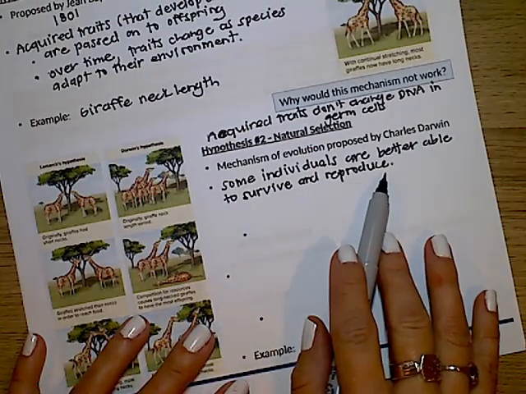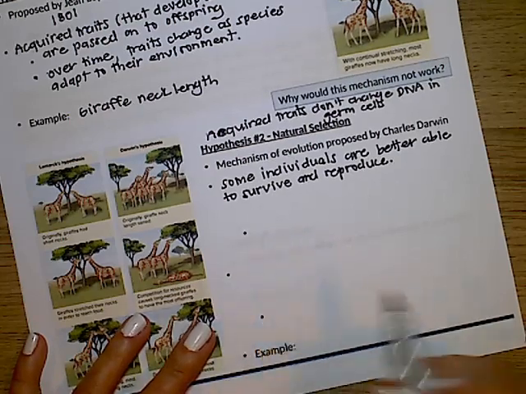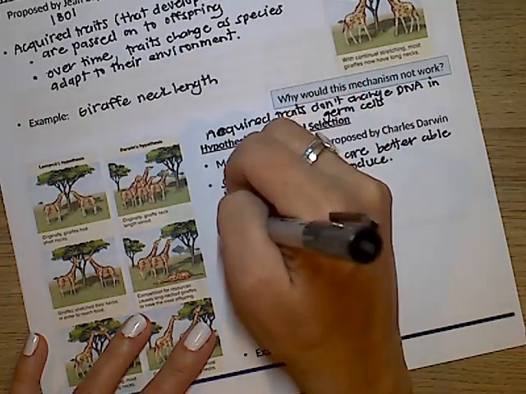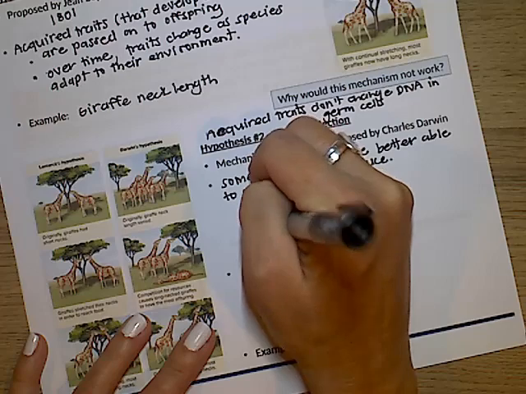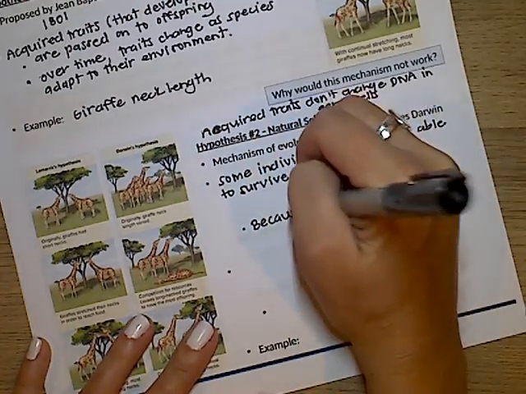Some individuals are better able to do this because of genetic variation, or in other words, not everyone has the same genes.